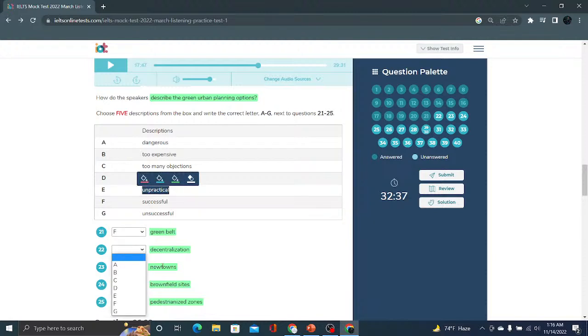As he was mentioning that it did not work in practice, and did not work in practice is relevant to unpractical. That's why the answer would be option E.